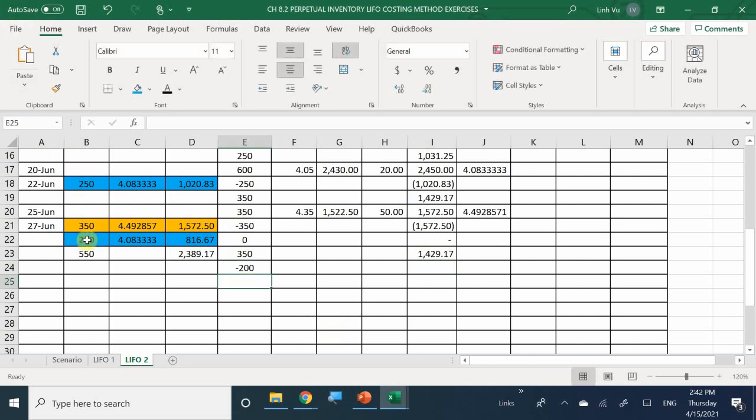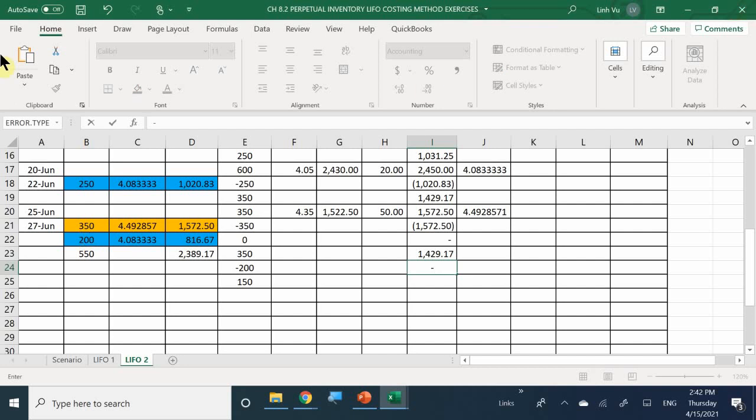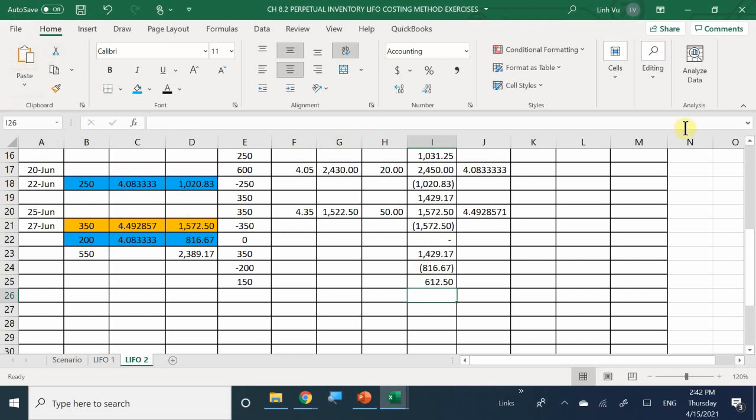How many items should be remaining in my blue batch? 150. If I started with 1429.17 and I sold 816.67, how much should be remaining in my blue batch? 612.50. So once again, we're going to eliminate this.